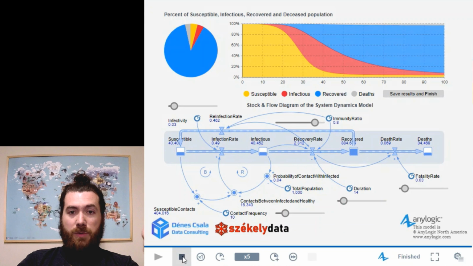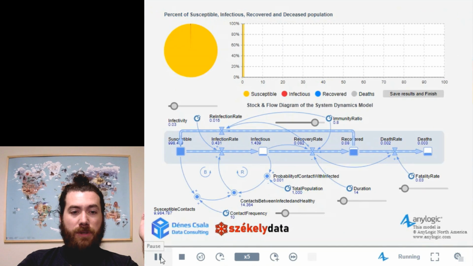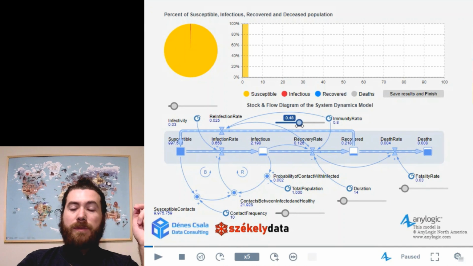And then of course, this was the shape of the simulation with an immunity ratio of 0.8, and if we have a lower immunity, so let's say you have a 60% ratio, then of course the simulation looks quite different, because the number of people who stay infectious is much higher, right?